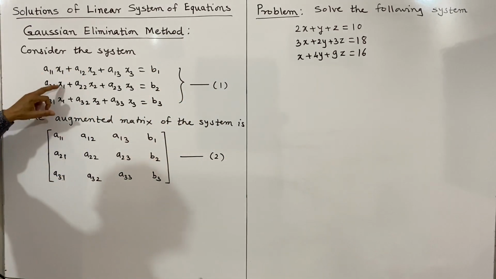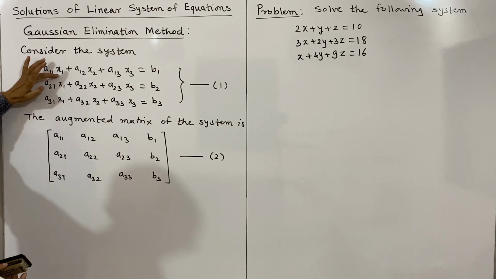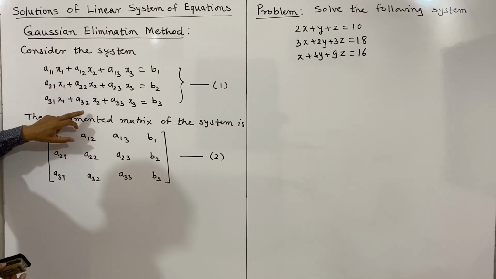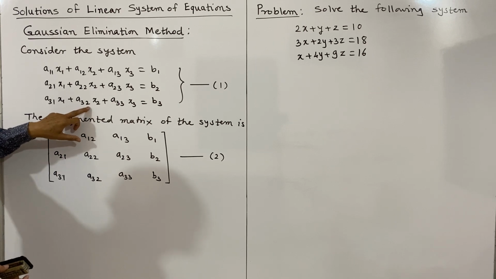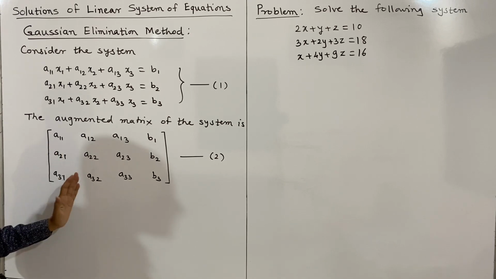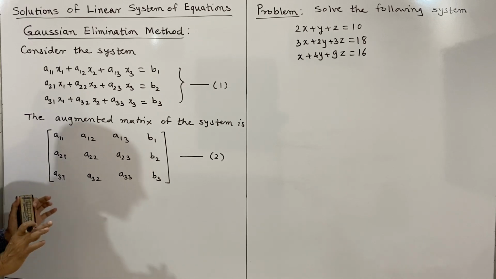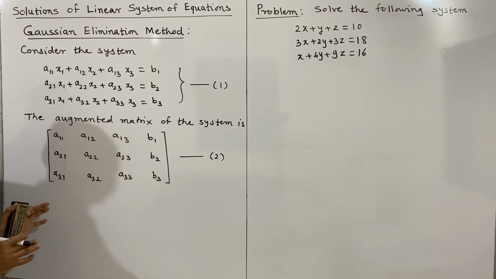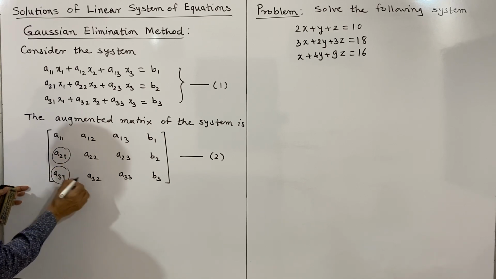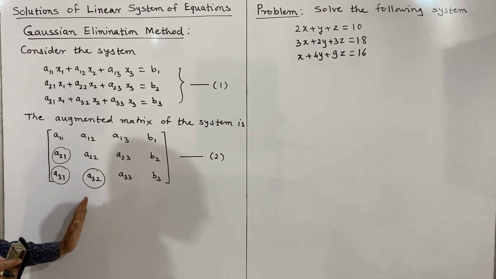And the method of elimination is that first we eliminate x1 from the second equation and third equation using the first equation, that is a11 x1, and then we eliminate x2 from the third equation. So thus we convert this matrix into an upper triangular matrix, that is, the elements below the diagonal, a21, a31 and a32, we convert to 0 using row transformations.